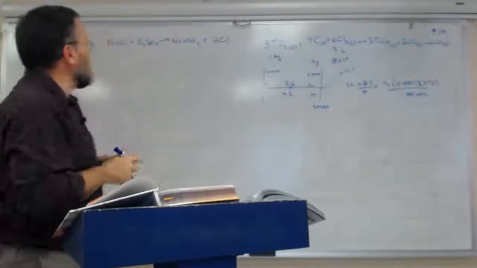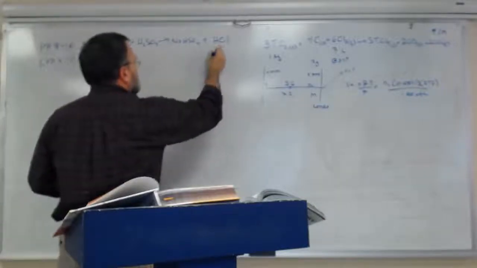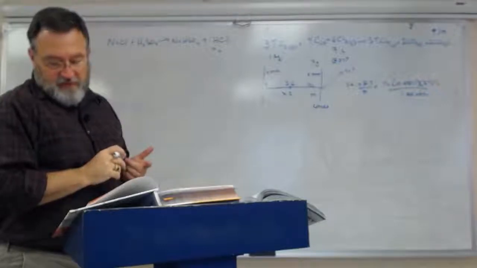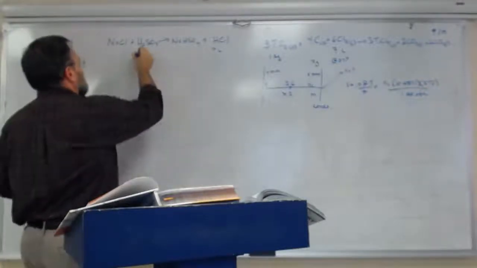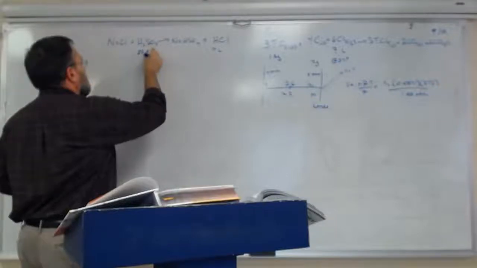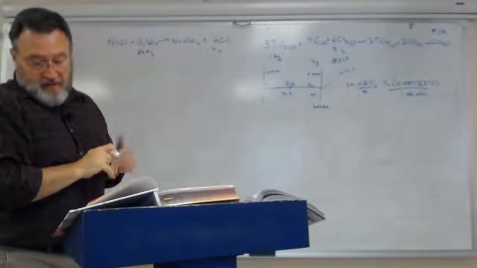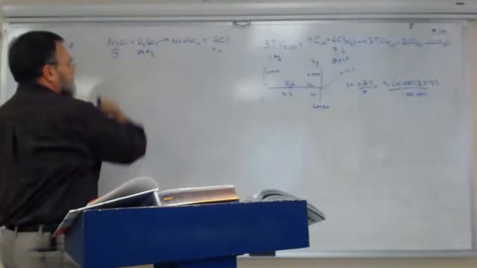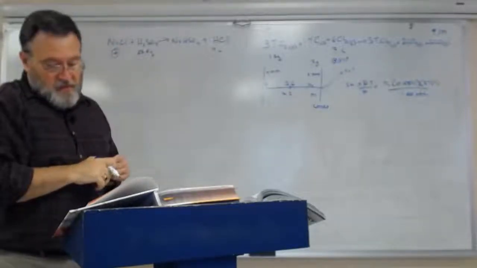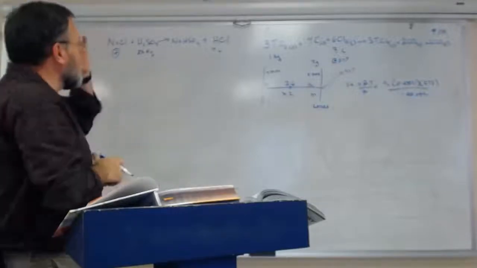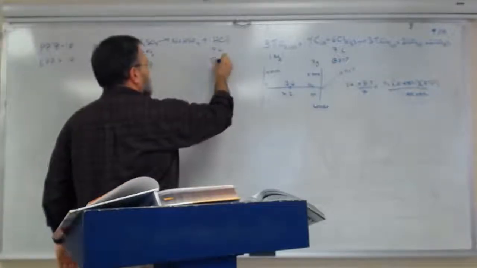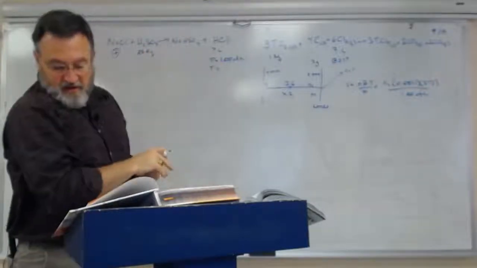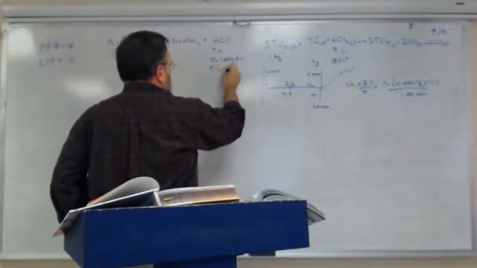How many liters of HCl will be produced if 25 grams of H2SO4 are heated in excess sodium chloride? Assume the pressure is 1 atmosphere and the temperature is 350 degrees Celsius.